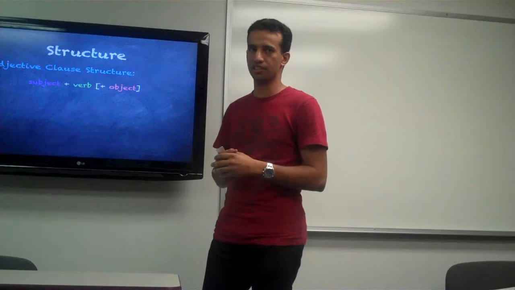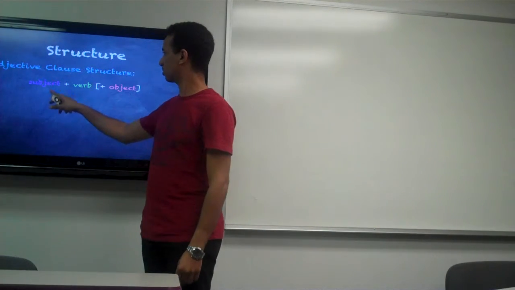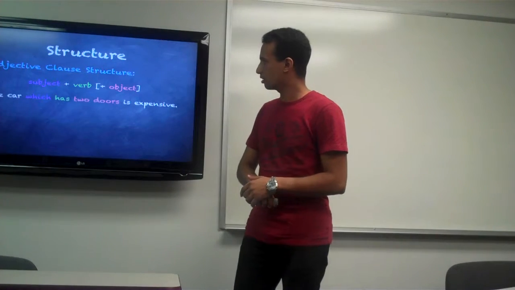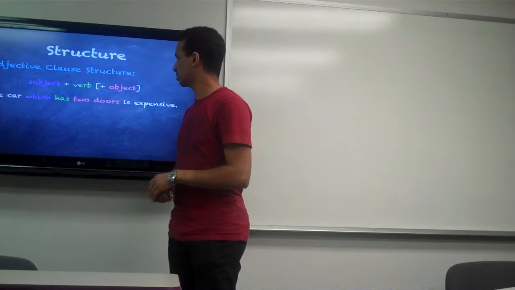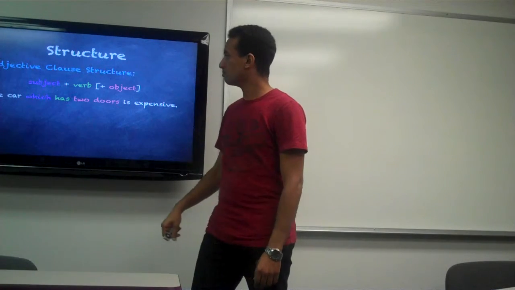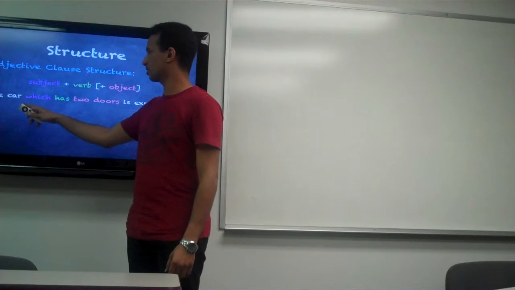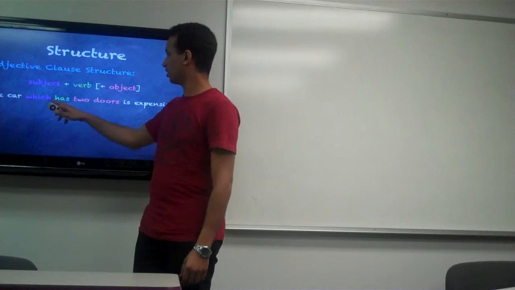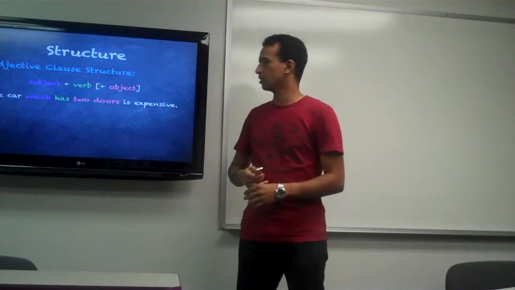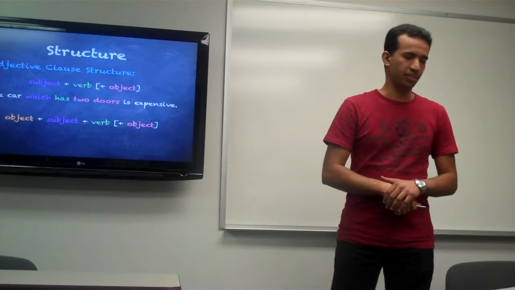First, I'm going to talk about subject, verb, and object. For example, the car which has 2 doors is expensive. So the car is the subject of the original sentence, which has the verb, and 2 doors is the object.